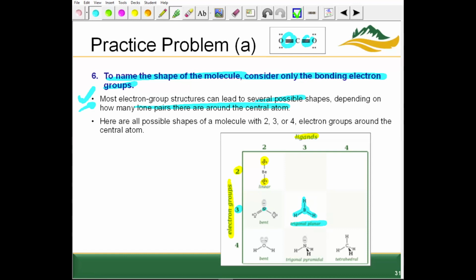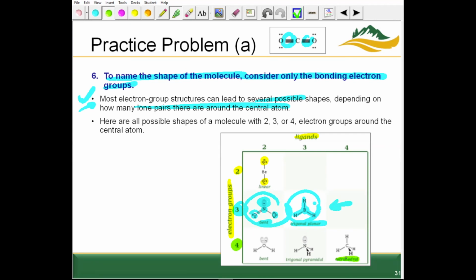However, when we have a central atom with 2 bonds to it and then a lone pair, that is still 3 electron groups in total. Now, however, we call this bent geometry. We'll look a lot more into this again in the next part of chapter 10. We're starting to incorporate lone pairs around the central atom as well as bonds. So 3 groups in total, 3 bonds; 3 groups in total, 2 bonds and then a lone pair.